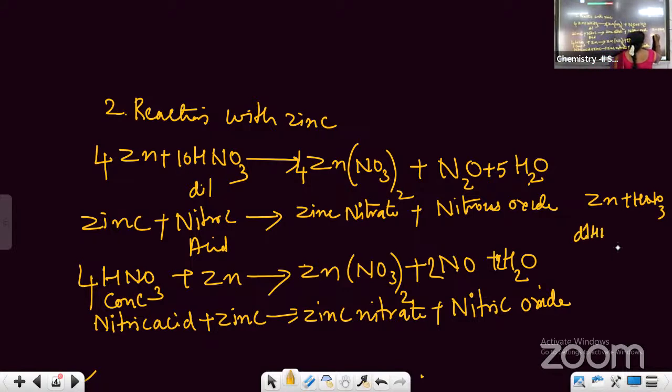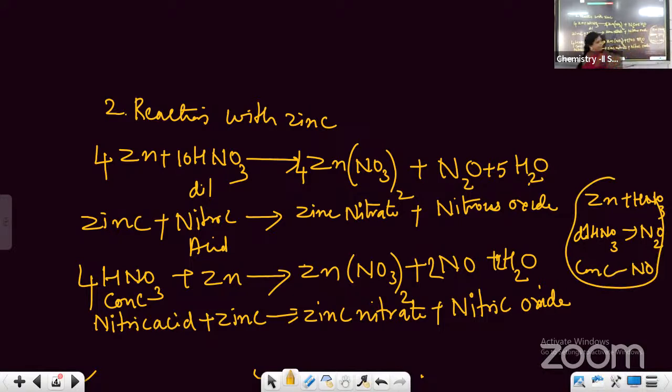We know that zinc nitrate is common for both the reactions, so no need to remember that. तो यहाँ पे dilute HNO3 से क्या मिल रहा आपको? N2O मिल रहा. With concentrated क्या मिल रहा? NO मिल रहा. तो इसको अलग से ऐसा बाहर कर लो, फिर उसको पूरे स्टेटमेंट में डाल लो. So zinc nitrate is common for both the reactions, and you understand the trick for remembering the second product.